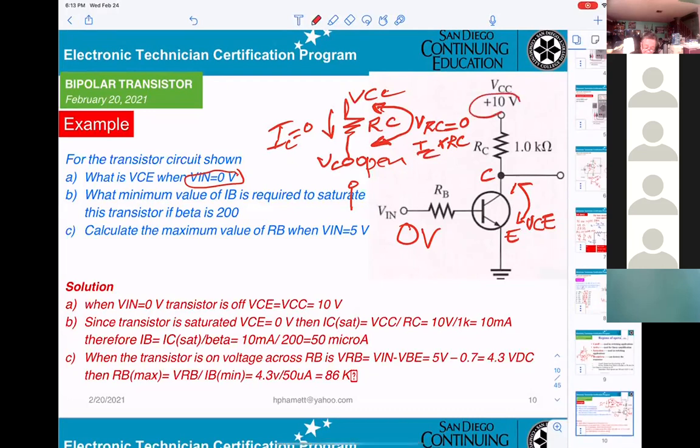If you get 10 volt here, nothing drops at the resistor RC, so VCE must equal VCC. That's why when Vin equals 0, the transistor is off, and VCE equals VCC, which is 10 volt.